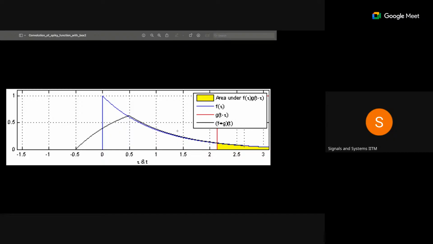Then associativity, distributivity, all these properties of convolution we'll see. Finally we'll end week 6 by looking at the step response. What will be the response when I give u of t as my input? Those also we'll see.